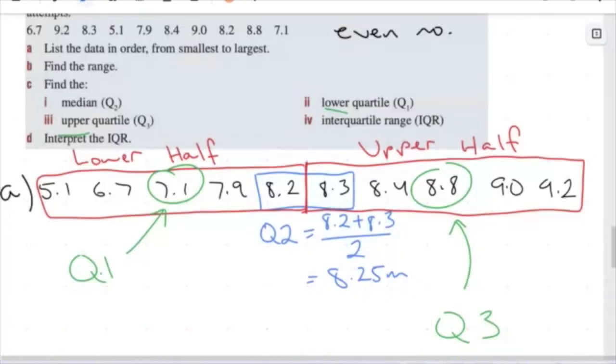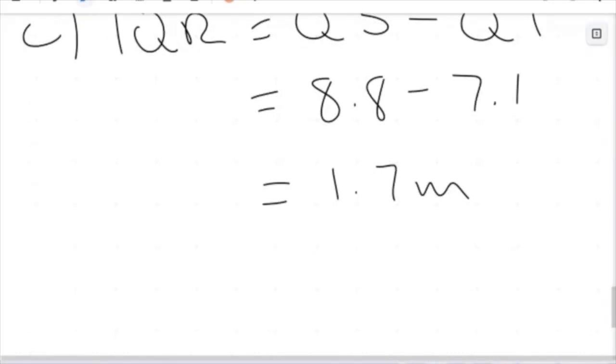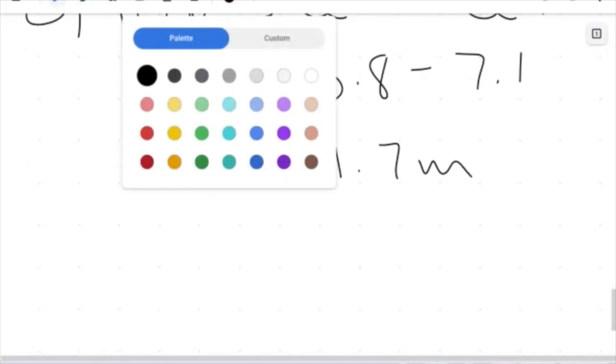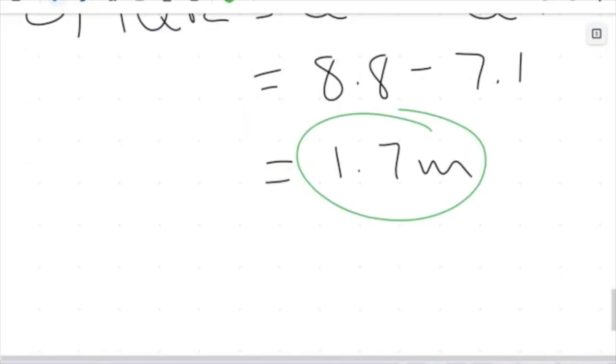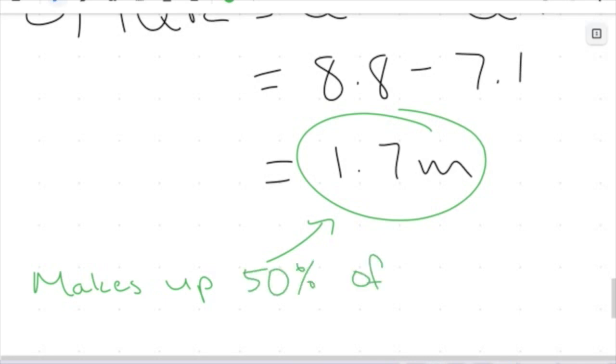So first of all, let's just make a note of that. So my 1.7, this thing here, makes up 50% of the data.